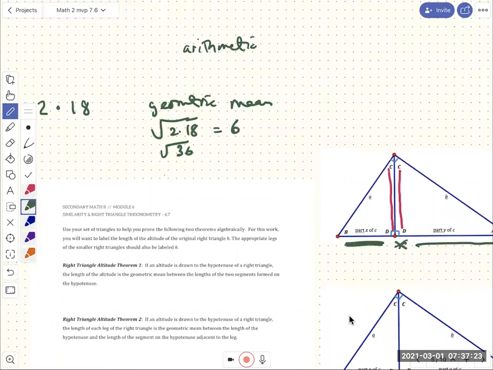So we would do 2 plus 18, and then we'd divide by 2. For this one, we're doing 2 times 18, and then we're taking the square root. So we multiply, and we take the square root. So it's an interesting difference between the two.